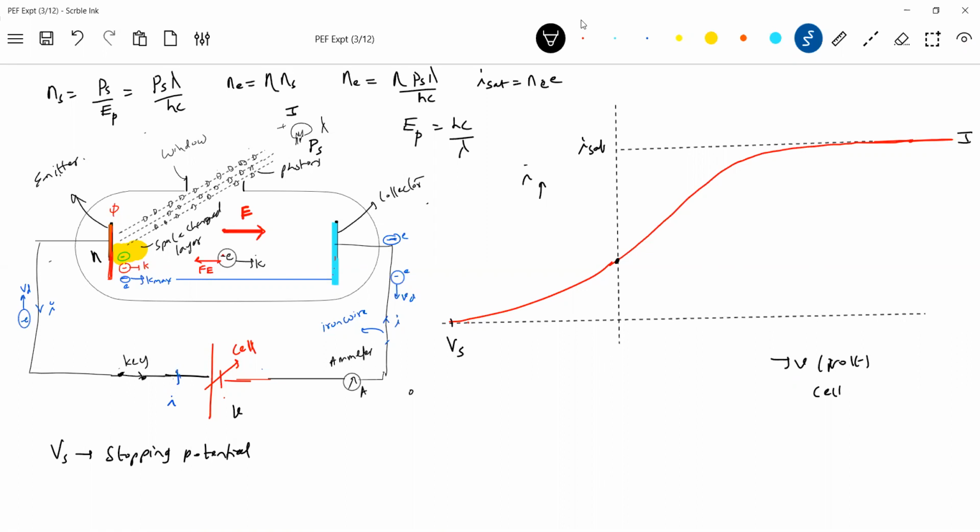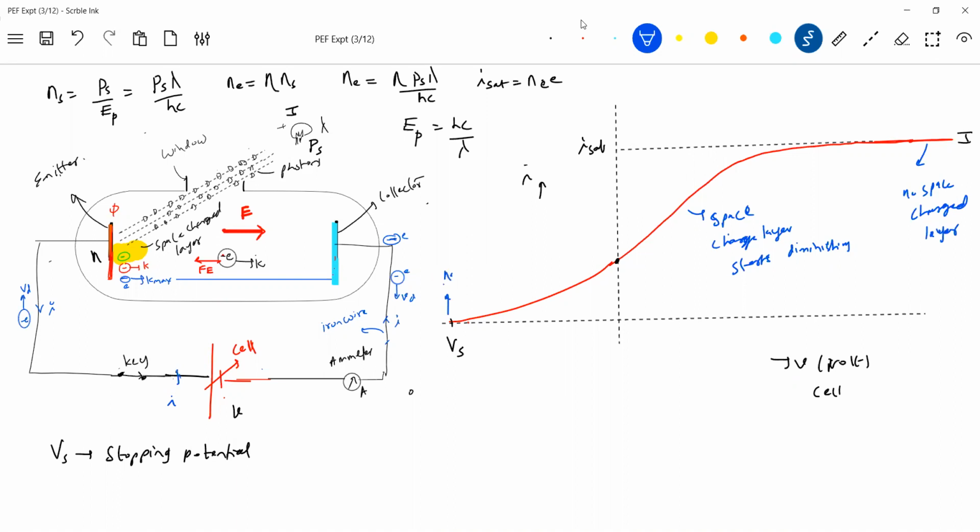So let's write a theoretical one. Space charge layer starts diminishing. No space charge layer here. So what about here?